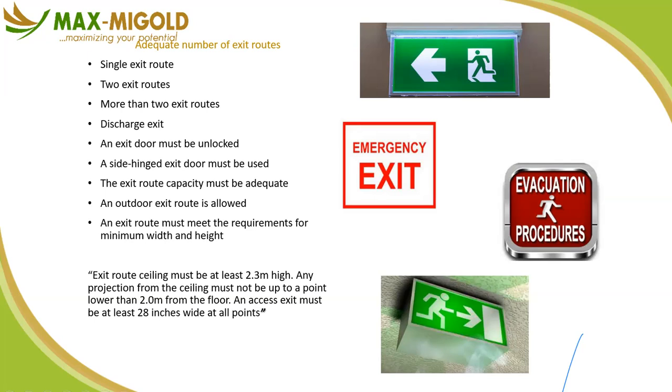We're saying that the door should always be unlocked. Most times the emergency doors are not accessible from outside, however, they're accessible from within the building. So we need to ensure that this practice remains.